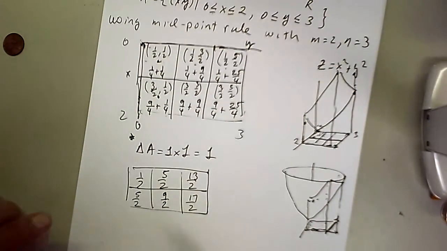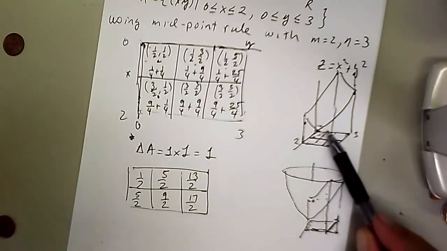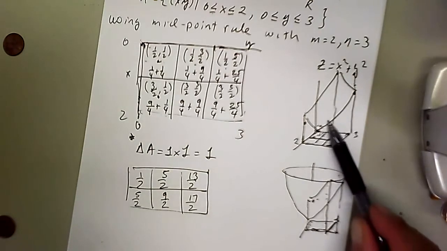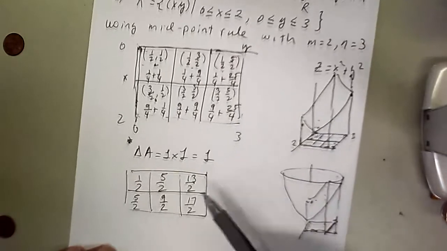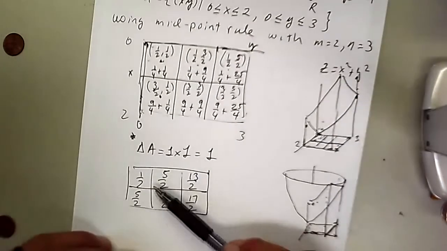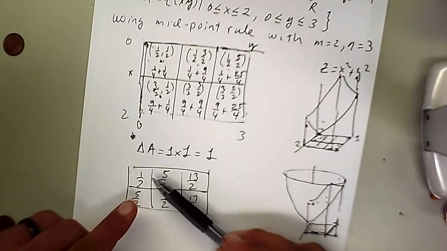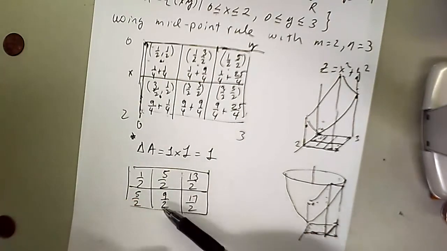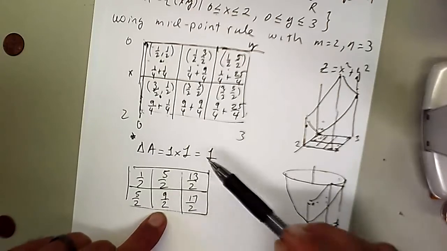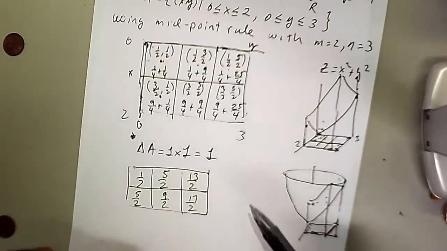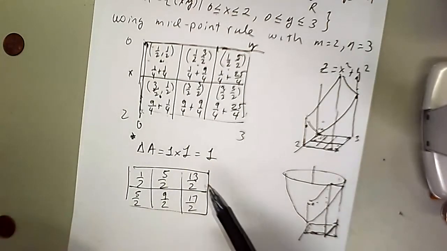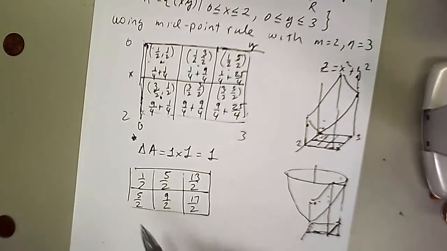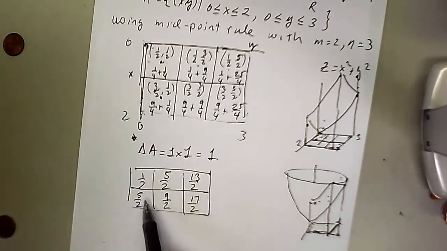So those are the heights of the rectangles that go with the midpoint using this function. So a half, then 5 halves, so low, then higher, taller, and taller. Pretend you've got a bunch of buildings right next to each other, adjacent to each other, of different heights, and those are the corresponding heights.